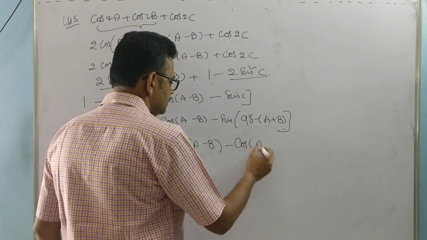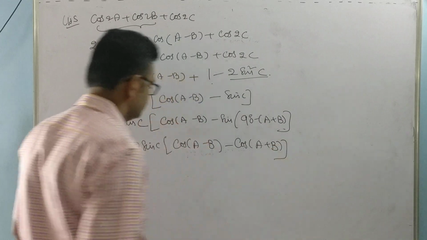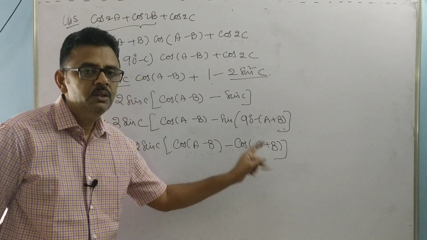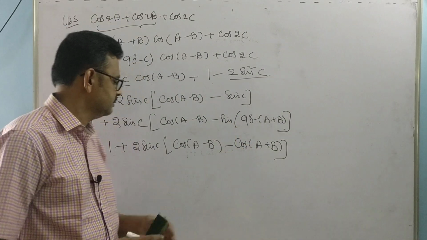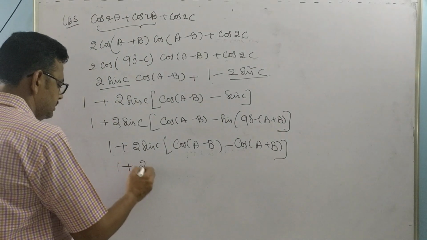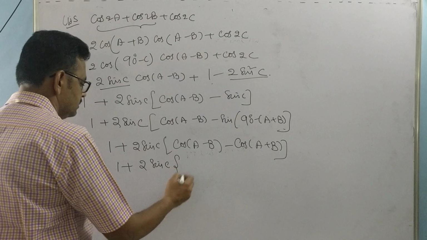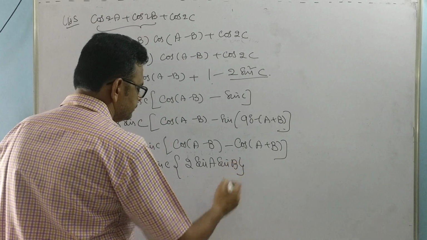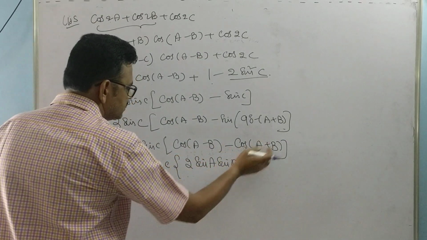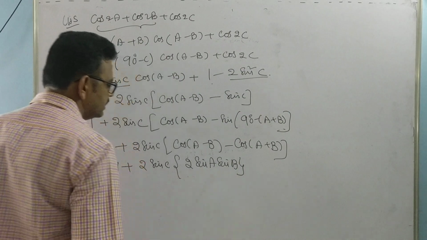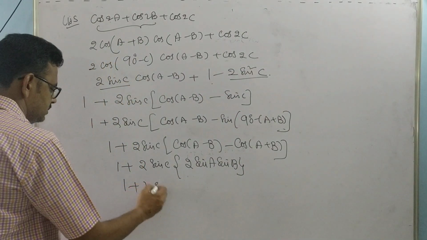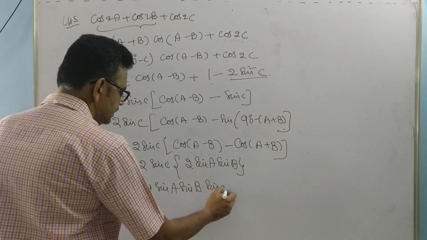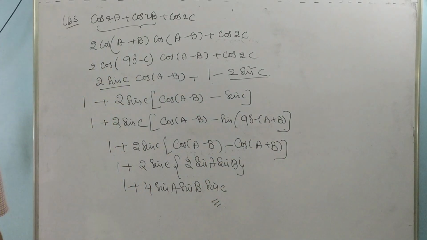So this is cos of A plus B. Now this is cos of A minus B minus cos of A plus B equal to 2 sin A sin B. 1 plus 2 sin C into 2 sin A into sin B. Or you write the expansion of this, and these two terms get cancelled. So we have 2 sin A sin B. 1 plus this is 4 sin A into sin B into sin C. So this is the value.